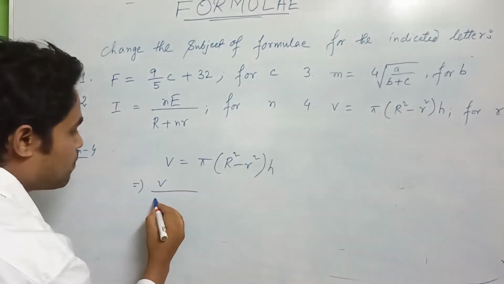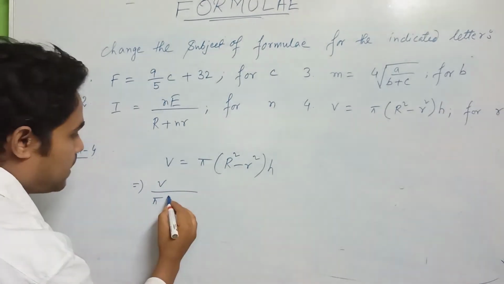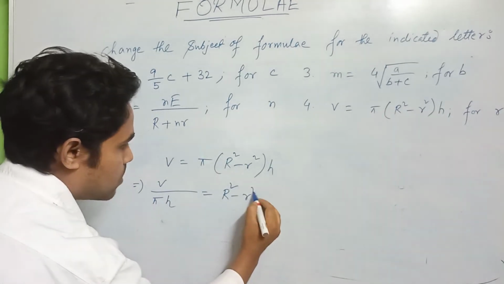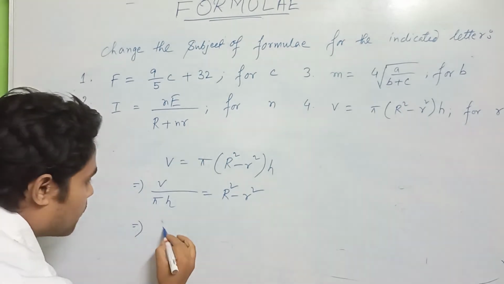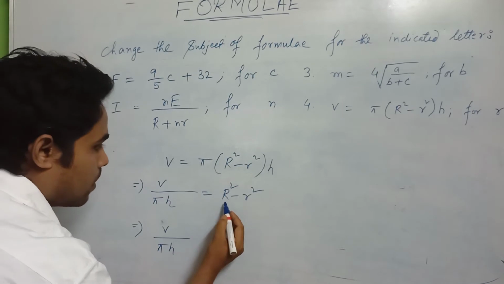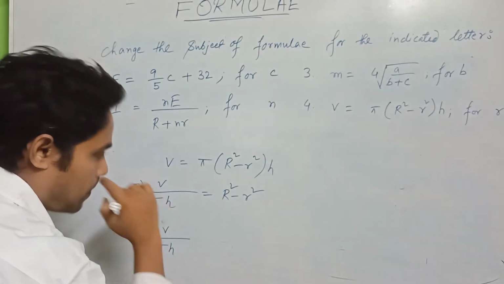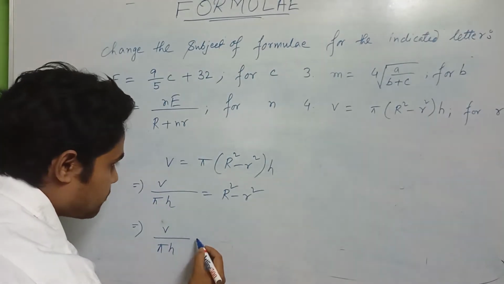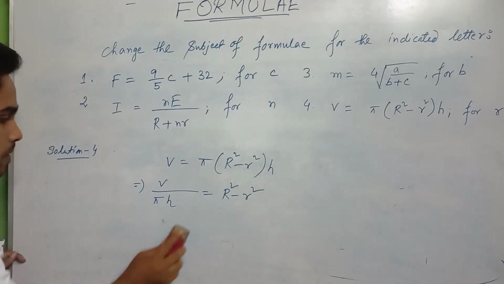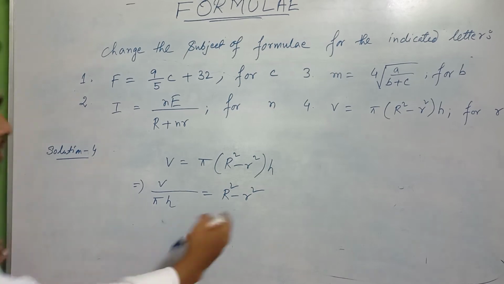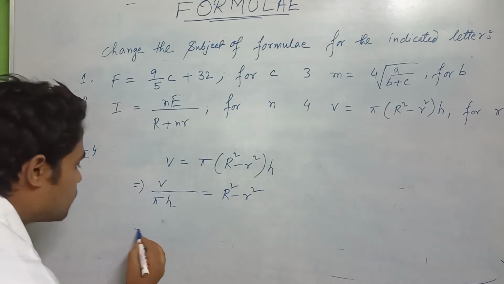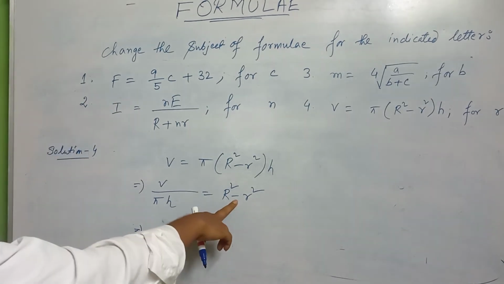So v by pi h equal to capital R square minus small r square, implies v by pi h, then, okay, you do one thing, you take this r square to the left hand side and this part to the right hand side, because this is negative number.